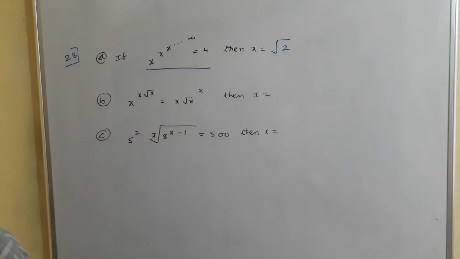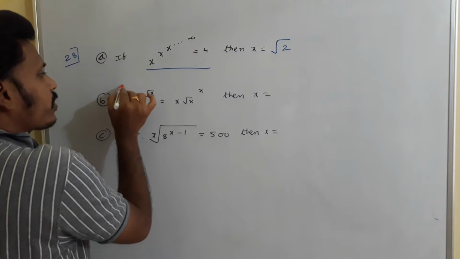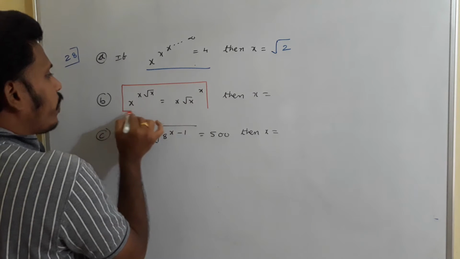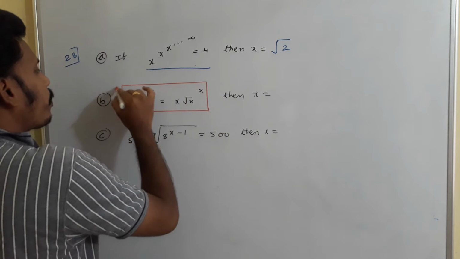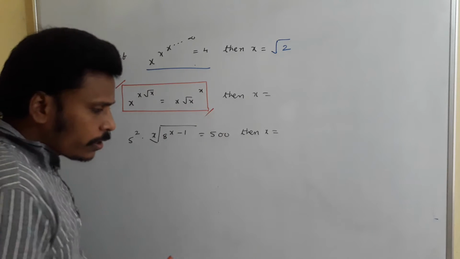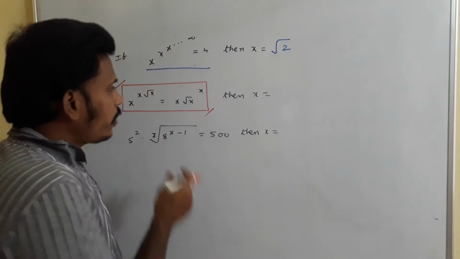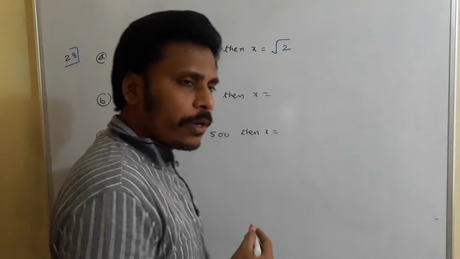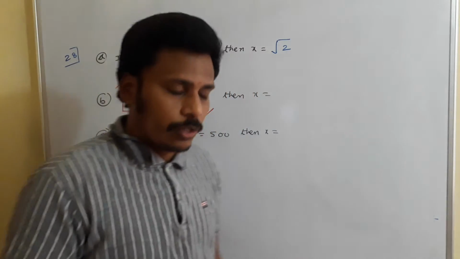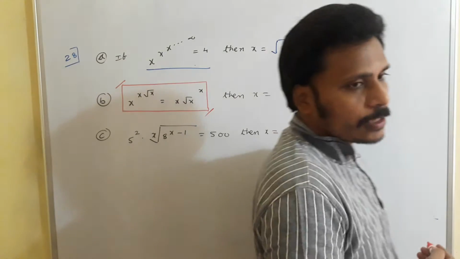Right, next problem: x power x root x is equal to x root x power x. You will usually face this type of problem in different competitions. Competitive examinations check your knowledge of the way of simplifying these problems.